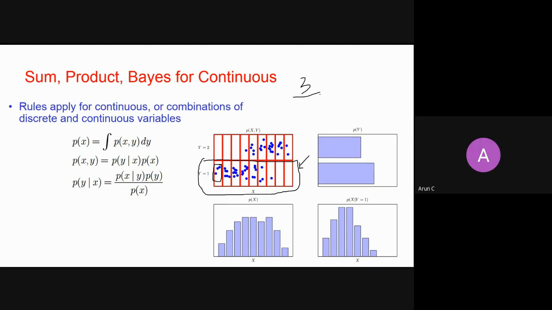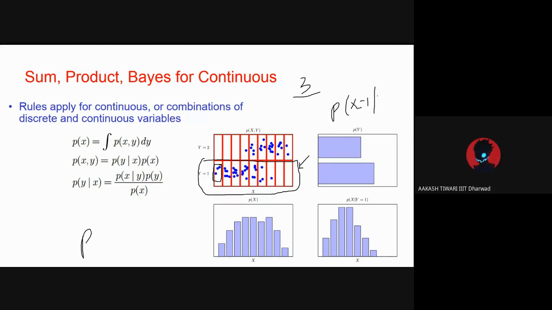And what if I ask, what is the probability of x equals 1 given y equals 2? 0. Very nice. This is the intuitive thing that you should see at the moment, right? What is the probability that x equals 4?